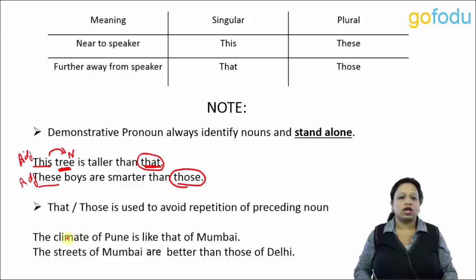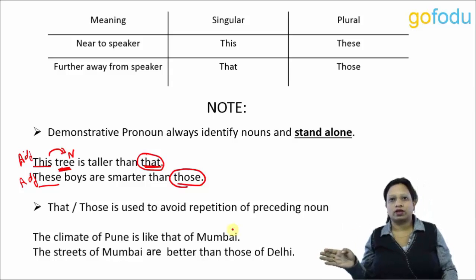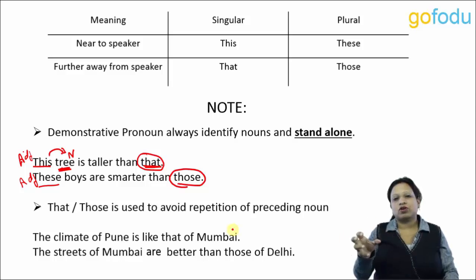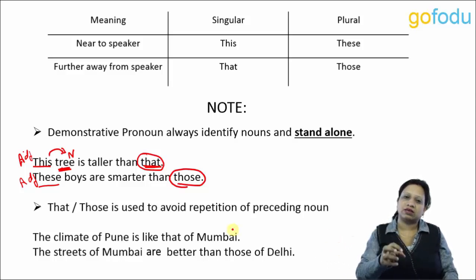I'll show you how. The climate of Pune is like that of Mumbai. Let's say we are saying the climate of Pune is like the climate of Mumbai. So the climate of, what's the fun of repeating the same thing again? So to avoid the repetition, what we use is we use that.